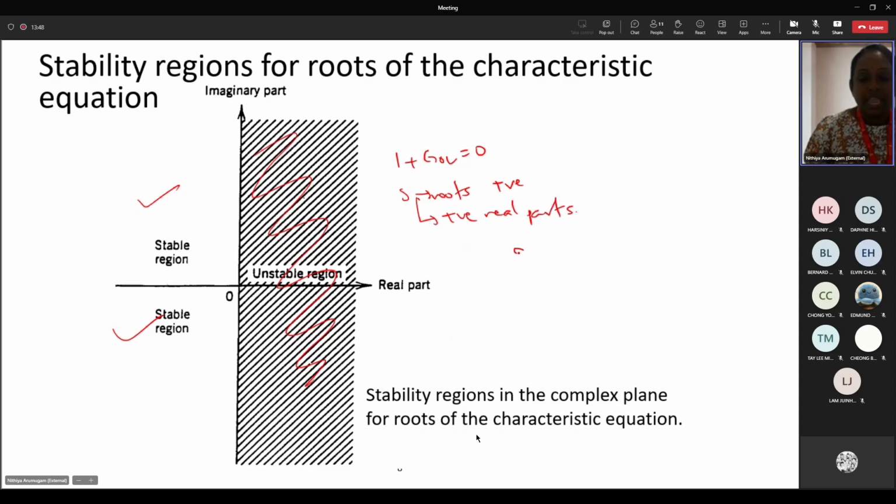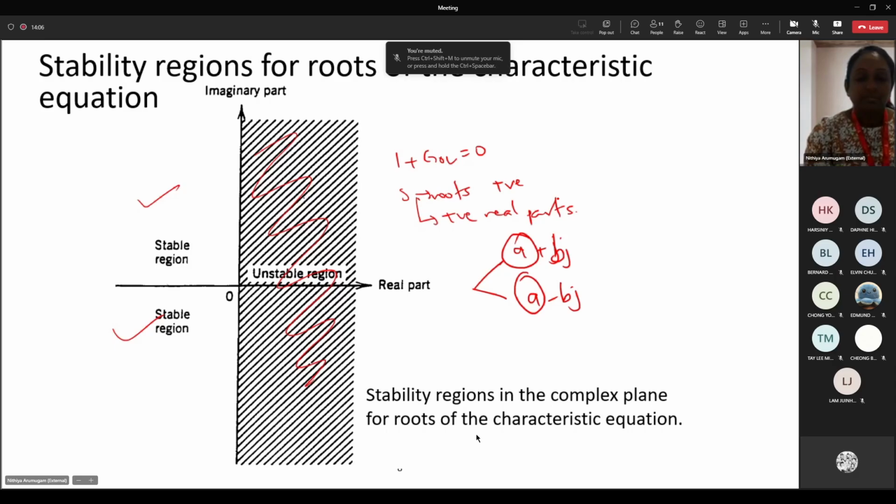So for example, A plus BJ and A minus BJ. If you notice the real parts here, the A in both cases is positive. So this is what they mean by positive real parts. This graph, or complex plane, basically provides a graphical interpretation of the stability criterion.